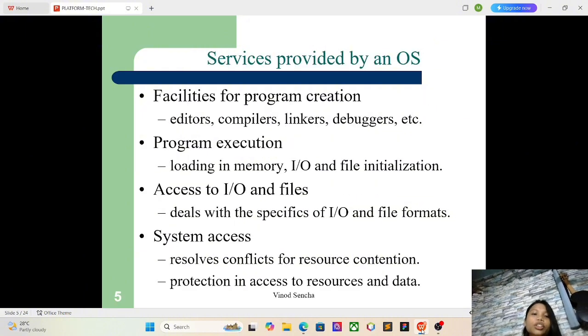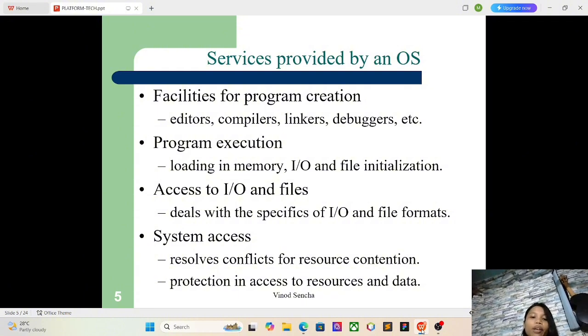So, services provided by an OS. First is facilities for program creation, such as editors, compilers, linkers, and debuggers. Second is program execution, loading in memory, input and output, and file initialization.